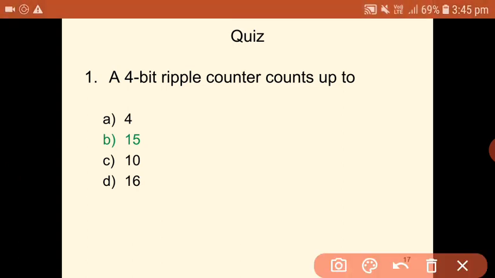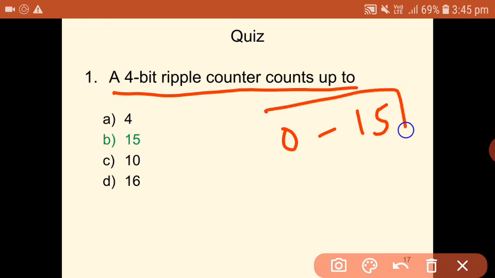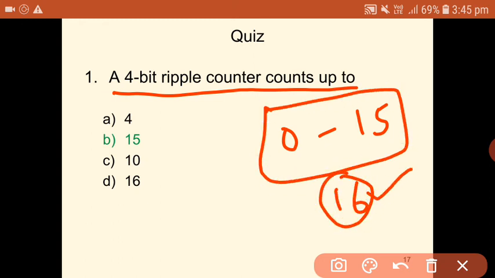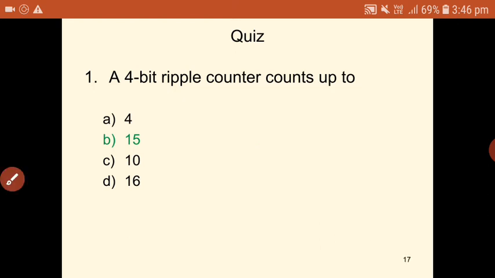See, the question says a 4-bit ripple counter counts up to 15 starting from 0, so total 16. 0 to 15 means it can count 16 clock pulses, starting from 0 to 15. So a 4-bit ripple counter counts up to 15, not 16. So 15 means it will be 0 to 15, so the total becomes 16. The answer will be 15.